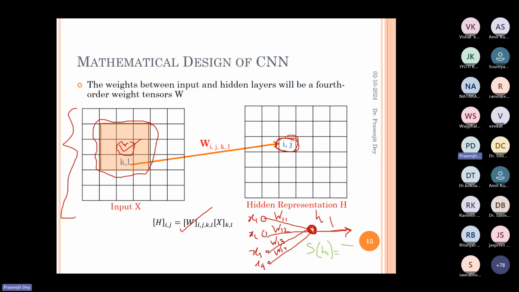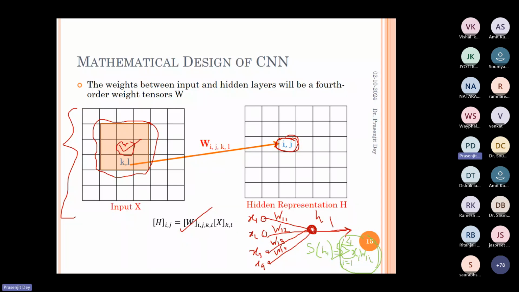So it will be a simple sum over i equal to 1 to 4 of xi times W1i. On top of that, I am going to apply a function S, and this is going to be your output.